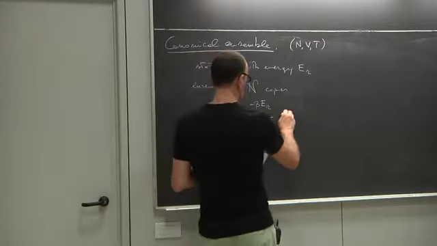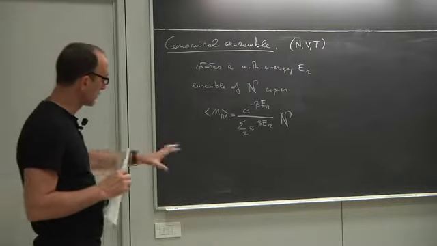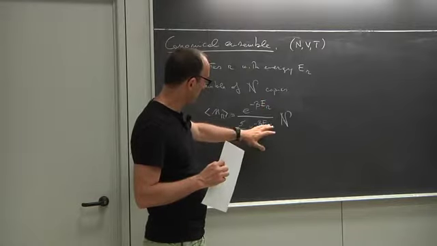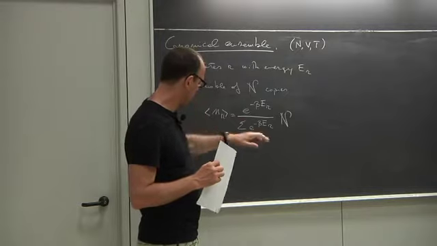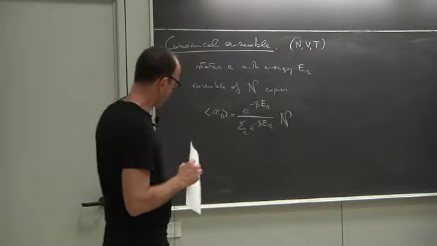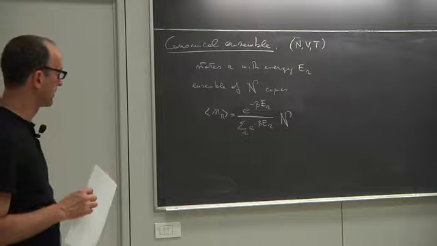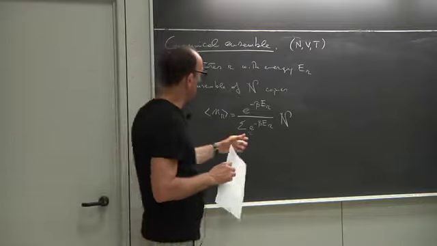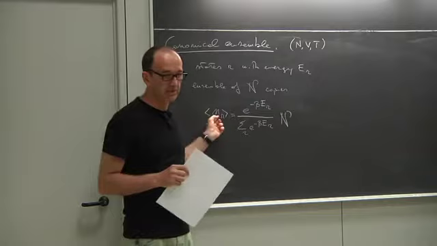Sorry, this will be proportional to N. So this factor here is the fraction of copies of the ensemble which will be in the state R. And of course, one thing you may want to be interested in is to understand how much in a particular ensemble this number will fluctuate.